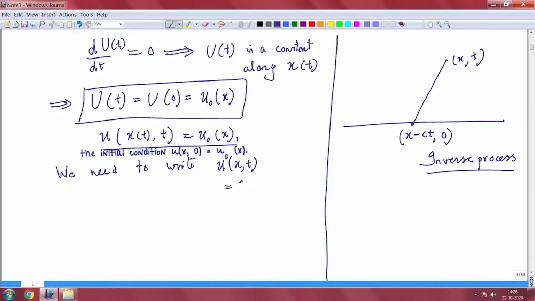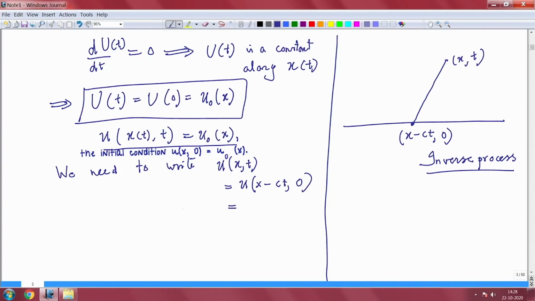So, that way you can write that u(x,t) is nothing but equal to u of (x minus ct, 0), because along this curve x(t) it is constant. So, u(x,t) will be u of (x minus ct, 0).